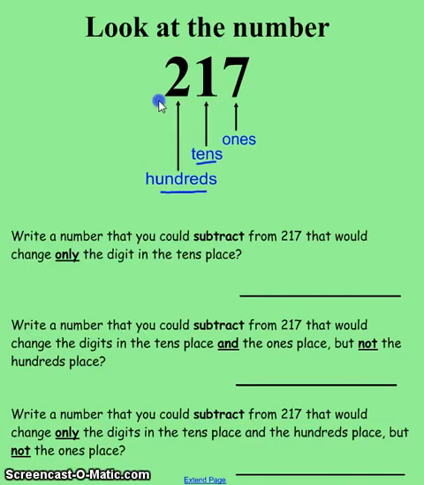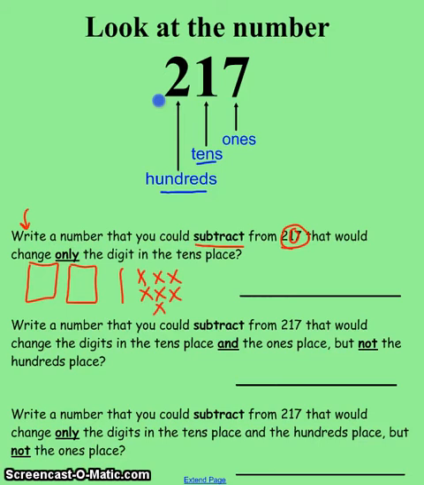So if you look at the number that is here, the question says, write a number that you could subtract from 217 that would change only the digit in the tens place. So we want the tens place to change. Students have been asked to visualize the number. So we make 200, 10, and 7 ones.